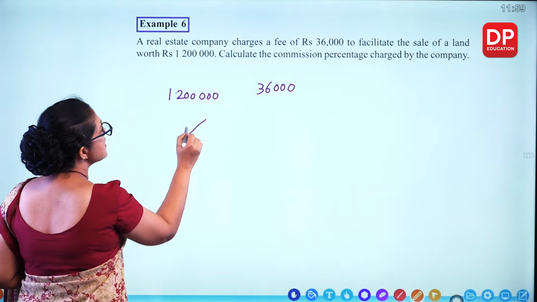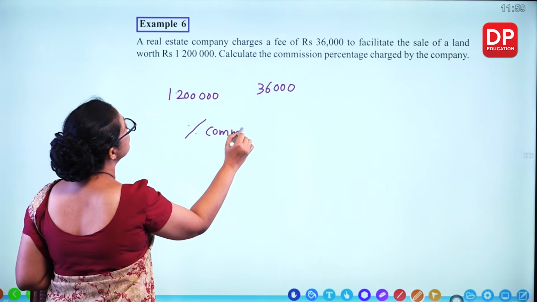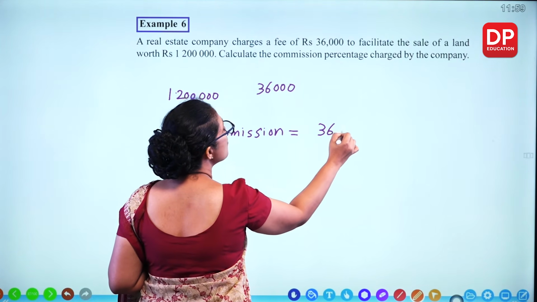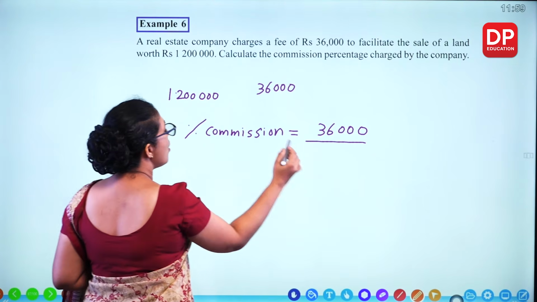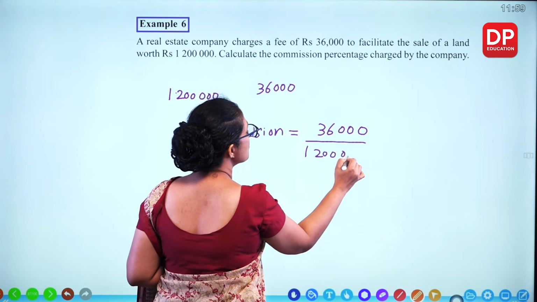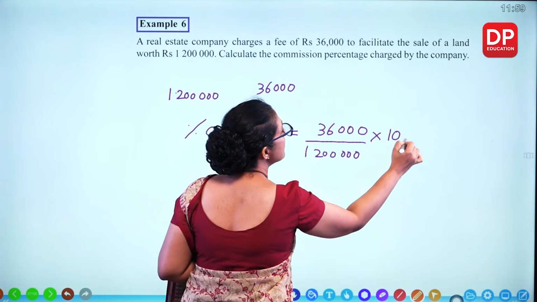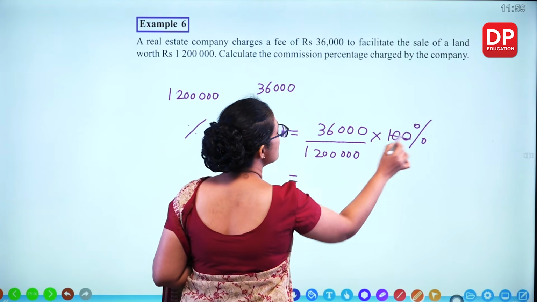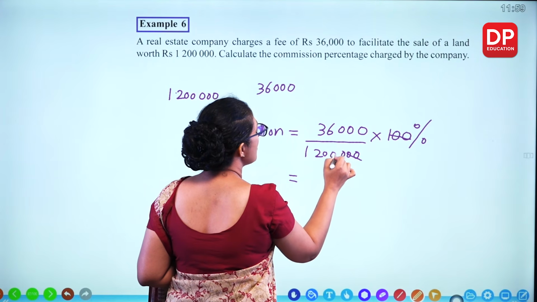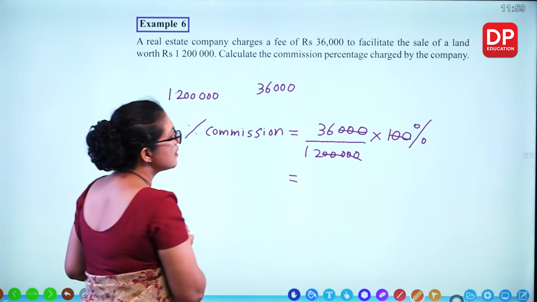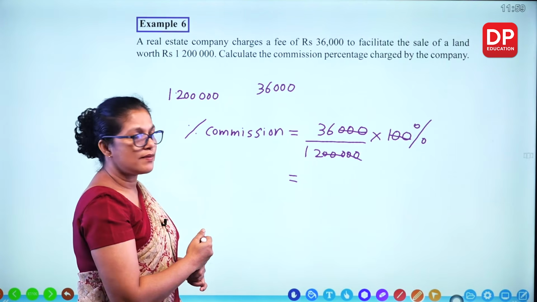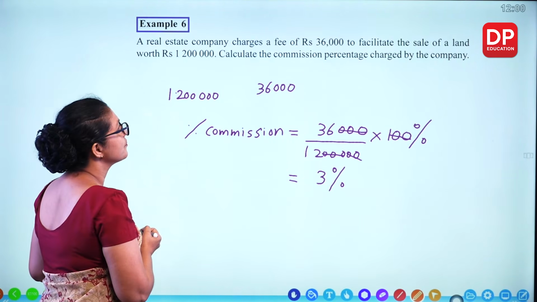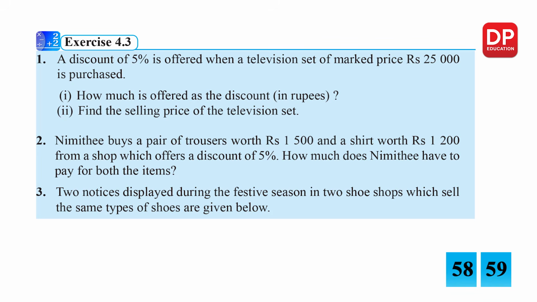So what's the percentage commission value? 36,000 charged for 1,200,000 rupees. And as a percentage, you multiply by 100. 2 zeros and 1, 2, 3. Then 36 divided by 12. That's 3% commission.